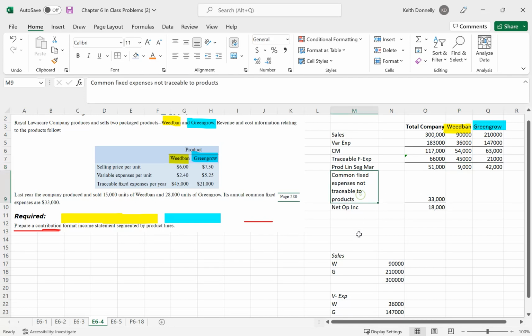Because we had these common fixed expenses that we couldn't trace to any one segment, we got to back that out from the total company view. It's going to get us our net operating income here of 51 minus 33 equals 18.